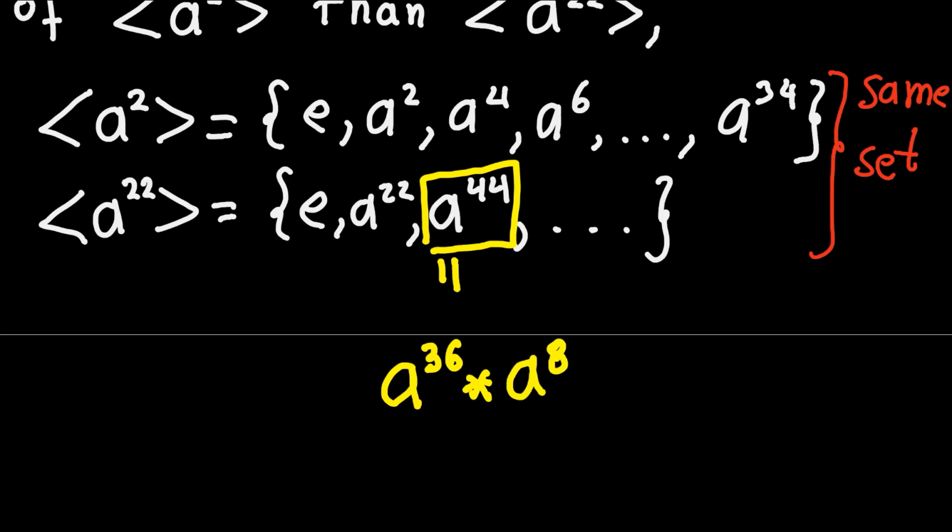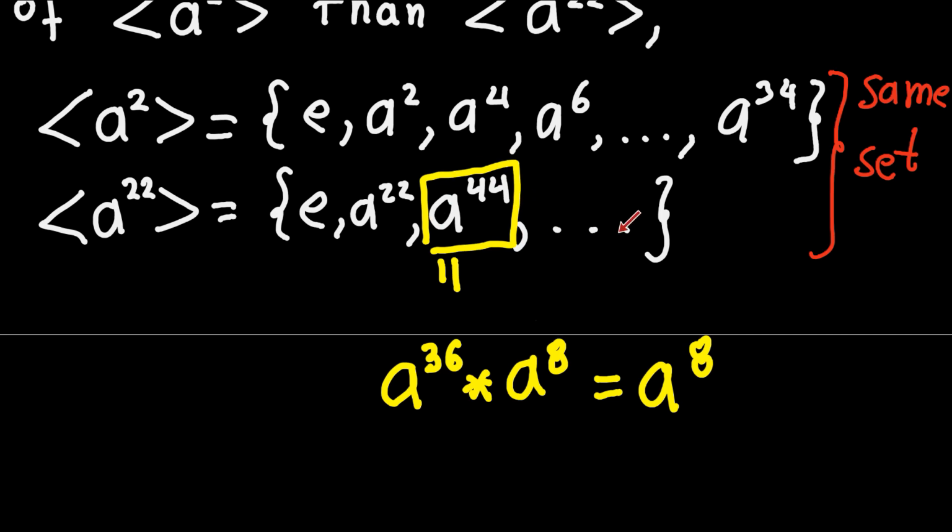The reason for that is the properties of exponents in groups, so 36 plus 8 is 44. Now, a to the 36 we know is the identity because a has order 36. So we can simplify all of this as a to the 8 power. So this element here is a to the 8.